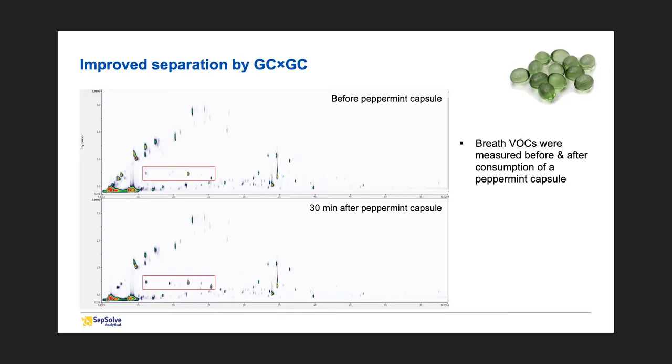So just to show this in practice, we have here a brief example of the peppermint experiment, where we measured a breath sample before a peppermint capsule was consumed and 30 minutes after. And I just want to draw your attention to the boxed area here, because this is where the key terpenes are eluting, the ones that are changing after the consumption of the peppermint capsule.